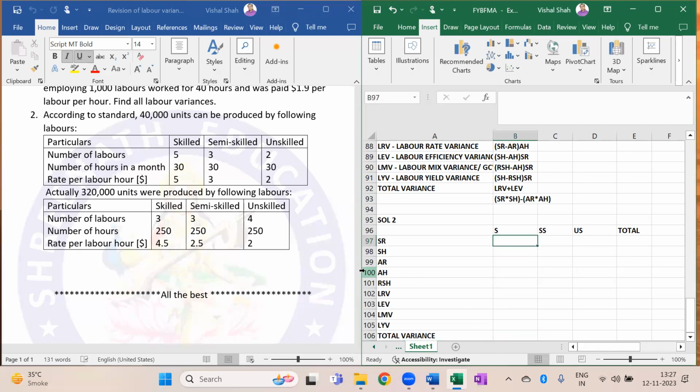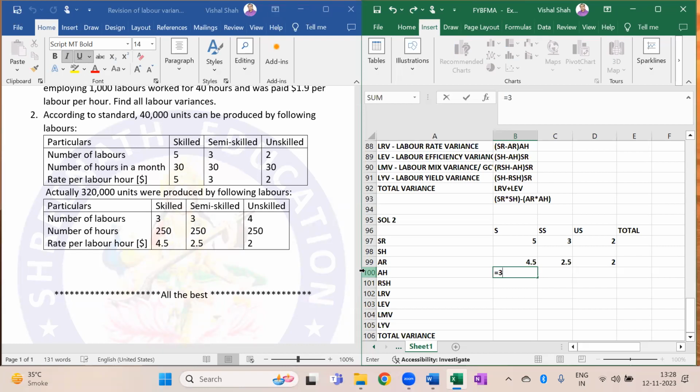By the way, SR is directly given to us: 5, 3, 2. It's just pure copying, rate per hour. SH we need to find. AR is also given: 4.5, 2.5, 2. For AH, we multiply the actual number of labors with the actual number of hours.